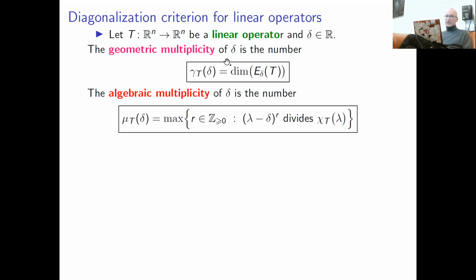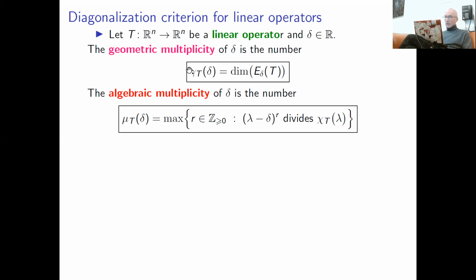Then the geometric multiplicity of delta is just the dimension of the delta eigenspace of T. Recall that we mentioned last part that the delta eigenspace of T is the same as the delta eigenspace of the standard matrix of T. So this is basically the same as the geometric multiplicity of delta of the standard matrix of T.